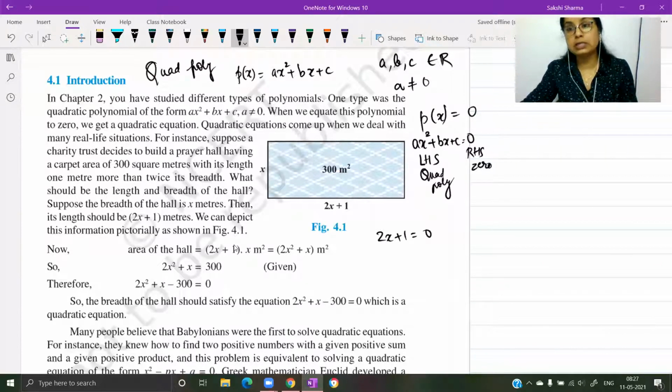If it exists, it's not necessary कि हर बार आपको आंसर मिलेगा, but कोशिश हमने यही करनी है कि we get such values of x which make your polynomial equal to 0, and hence your equation will be satisfied. So zeros of the quadratic polynomial px are same as roots of the quadratic equation px equals to 0.